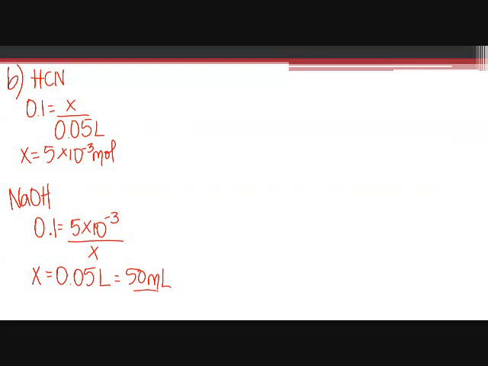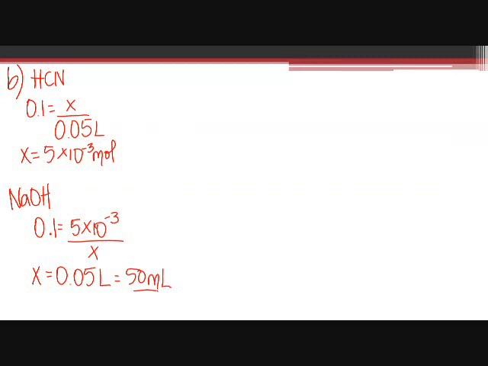Well, with this 50 milliliters, now we can do the whole process of what we did in example 9, where we have to figure out what the new concentrations are when they first mix, then use up the limiting reactant to get the excess reactant, so then we can know how to proceed to find pH.